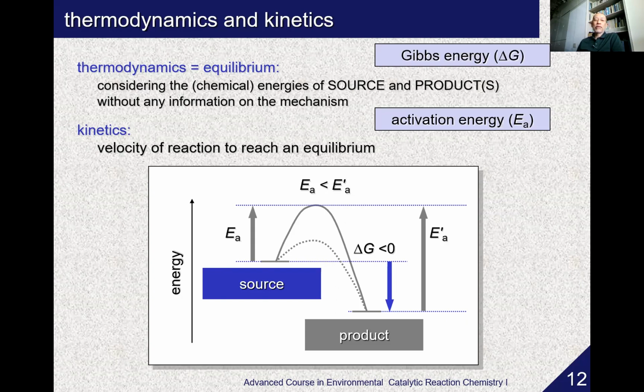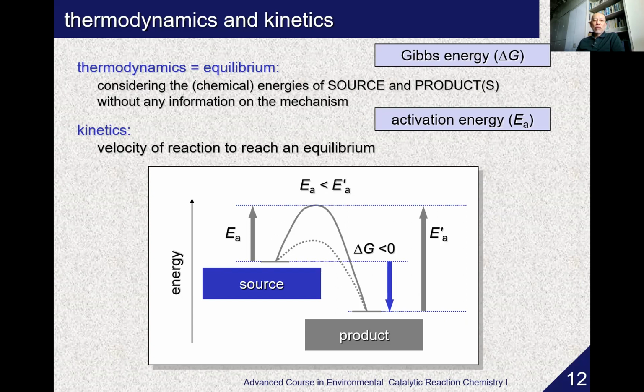This is thermodynamics. And then the kinetics. Kinetics is just the velocity of the reaction to reach equilibrium. As thermodynamics tells, the source is converted into product. What is the meaning of this?